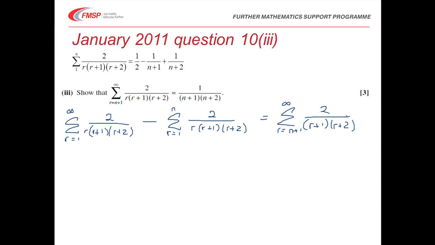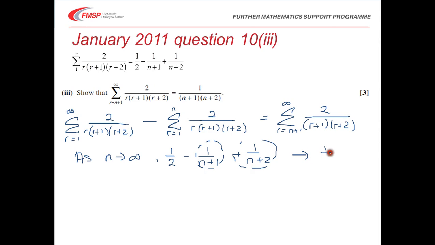Let's think about what's going to happen here. If we take this sum and find the sum to infinity, as n tends to infinity, getting larger and larger, then a half minus 1 over n plus 1 plus 1 over n plus 2, each of these terms is going to tend to 0. So that is going to tend to a half.